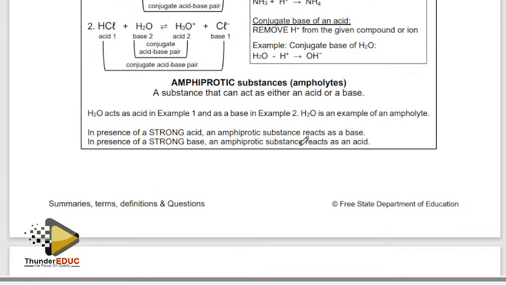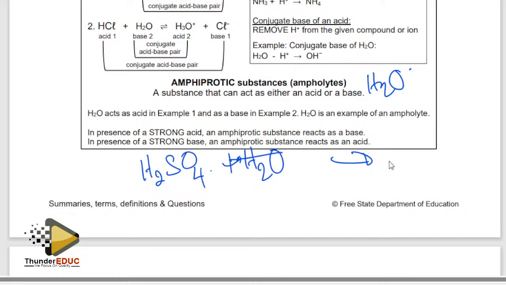Amphoteric means a substance which can act as both an acid and a base. An example is water. But sometimes they can bring a question like sulfuric acid plus H2O, then you form hydronium ion plus hydrogen sulfate, like that. You see? So now this can act as an acid and can act as a base at the same time. You understand?